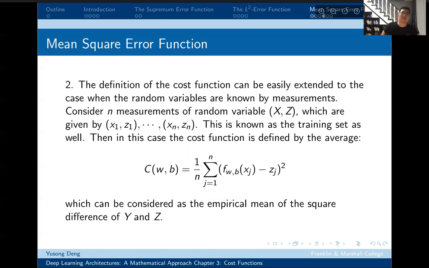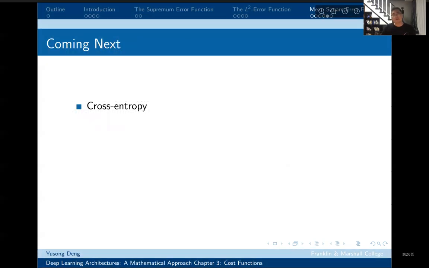That is another good point why mathematicians like it, because for some error functions, the theory is excellent, but you just don't know how to use it when you want to actually train something, because the calculation is hard to compute, or for some other reason. But that is the second reason why the mean square error function is famous.